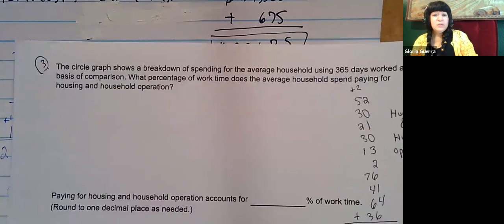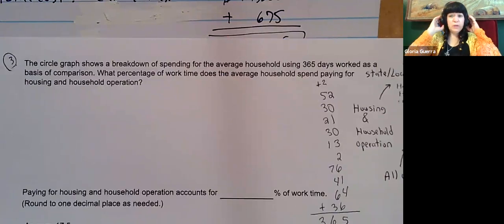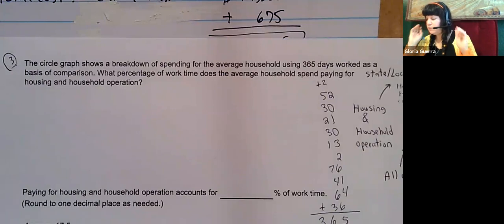Okay, so 3 says that the circle graph shows a breakdown of spending for the average household, using 365 days worked as a basis of comparison. And it says, what percentage of work time does the average household spend paying for housing and household operation?